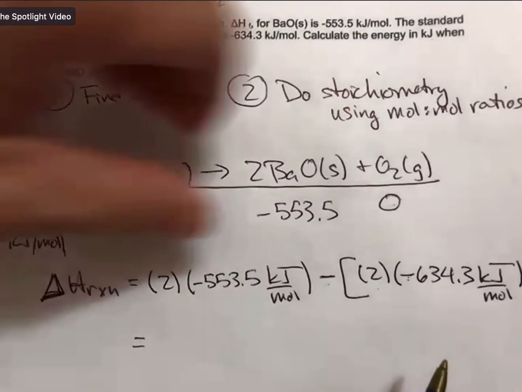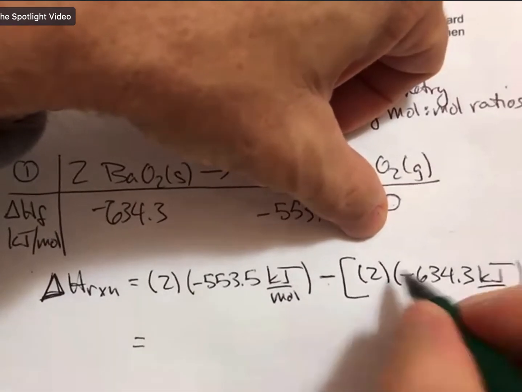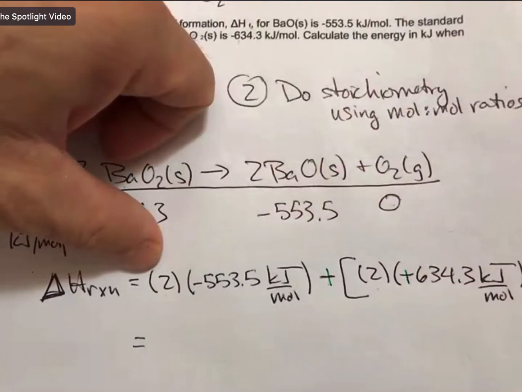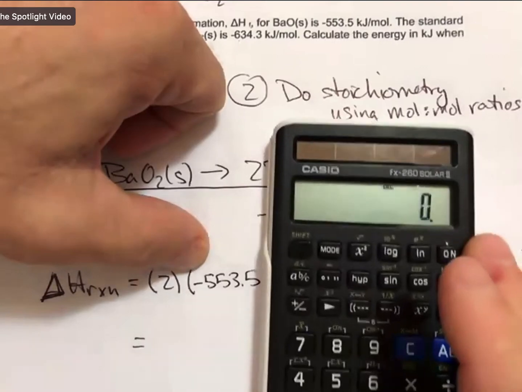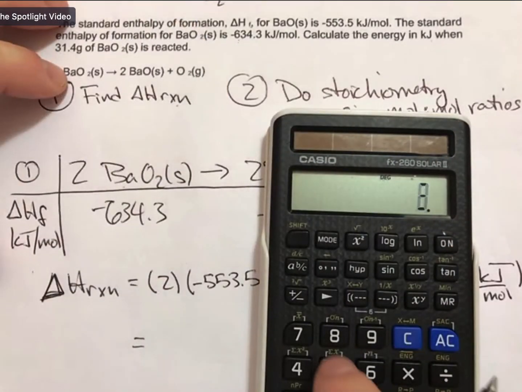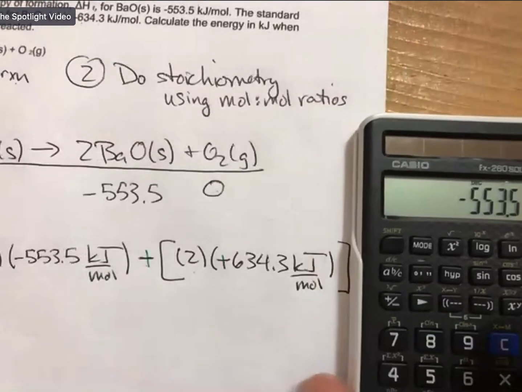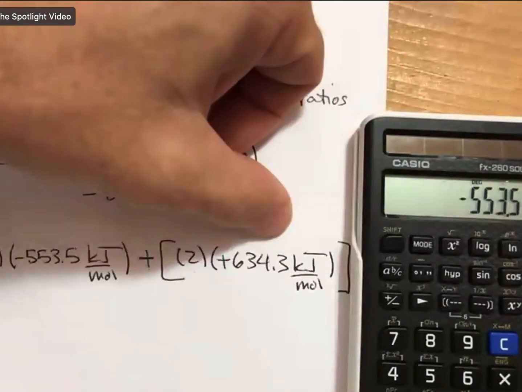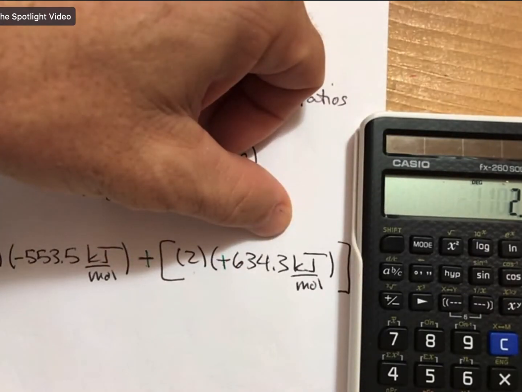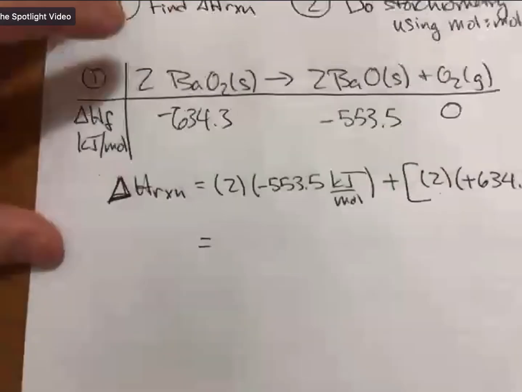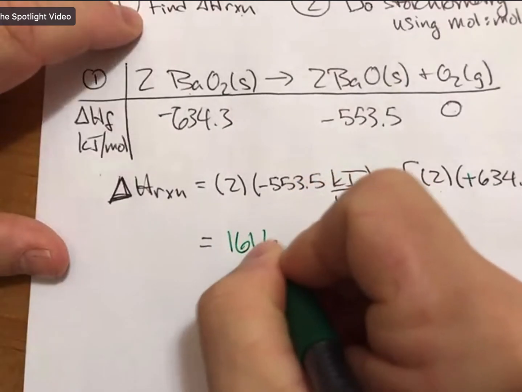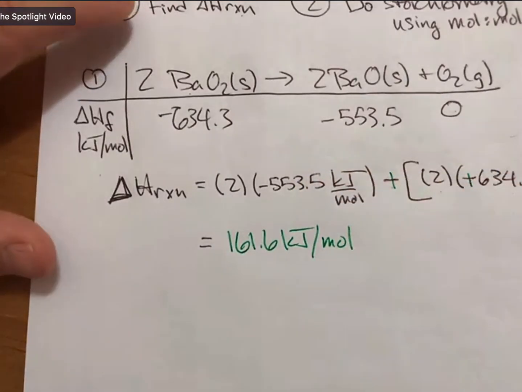If I add this up, I can see that this is going to be a positive. So I guess I'll do it this way. 2 times minus 553.5, then plus 2 times 634.3, and I get 161.6 kilojoules per mole.